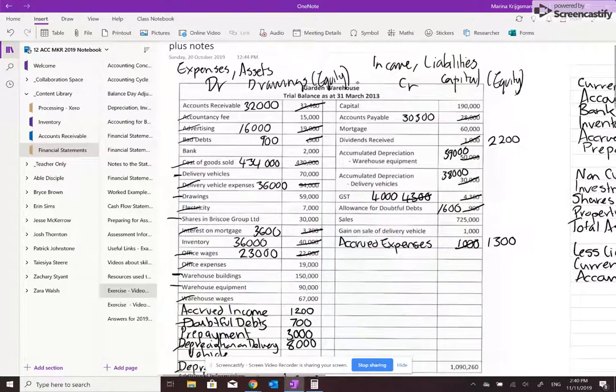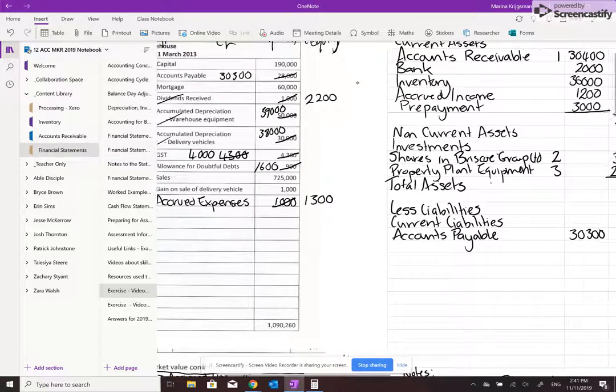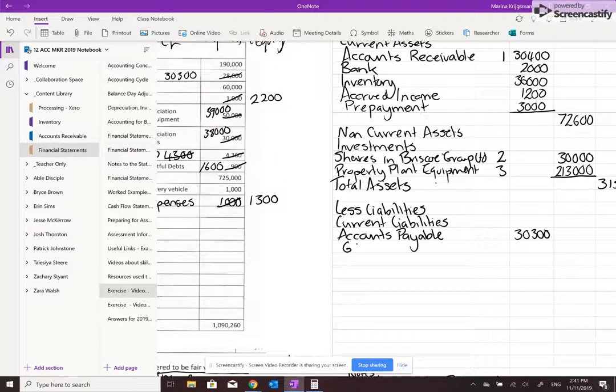Okay. Our mortgage is going to come in, but it's a long-term, a non-current one. So dividends received we're not dealing with. We've dealt with accumulated depreciation. Now we're going to bring in GST 4,000. So that's GST payable. If it was on the debit side, it would be GST receivable.